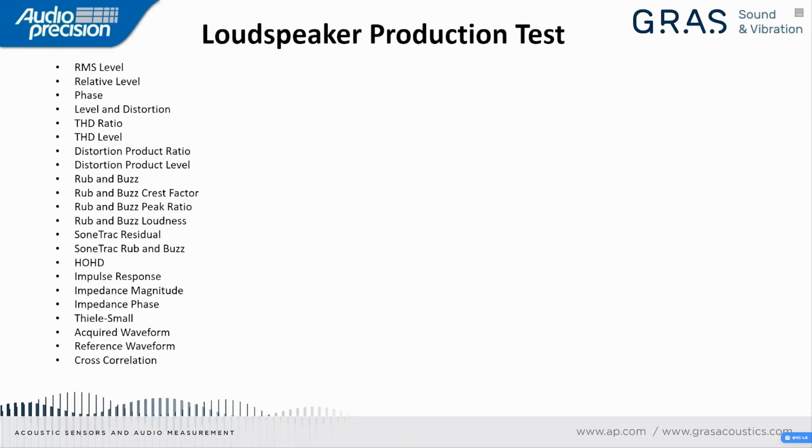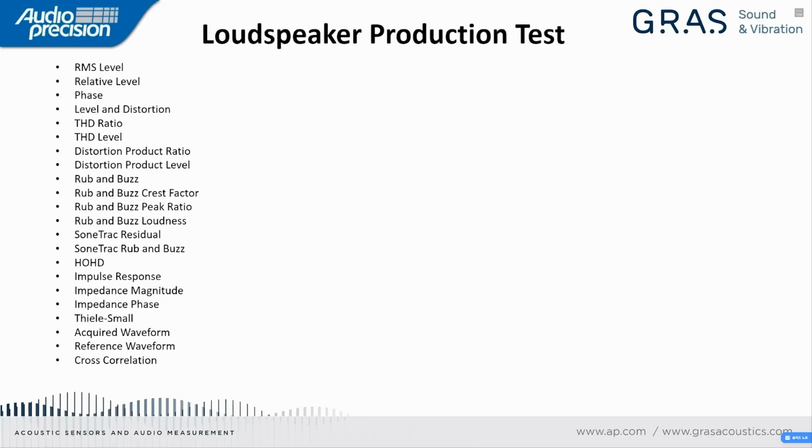You have an RMS level, a relative level. You do get an impulse response. You get phase response, level and distortion. Similar to acoustic response, we get THD ratio, THD level, distortion product ratio and level. And we get a number of rub and buzz results.